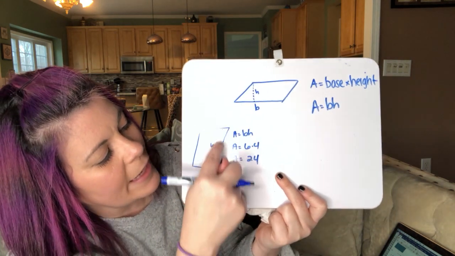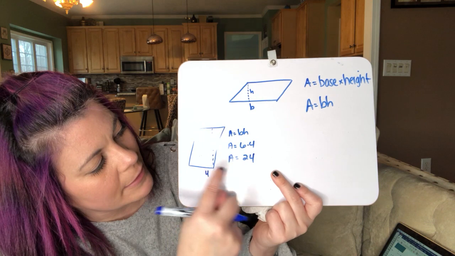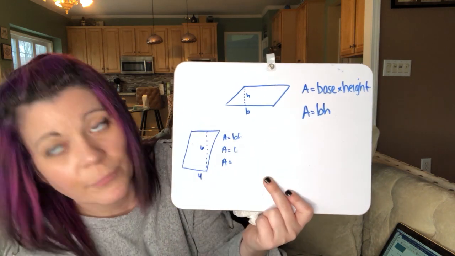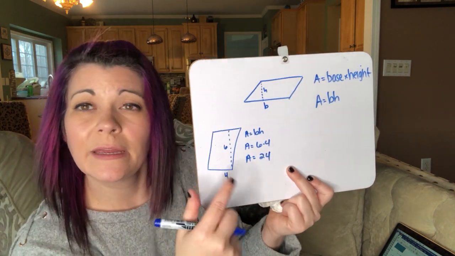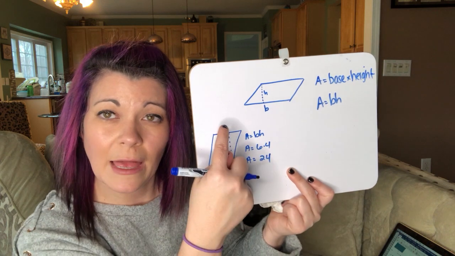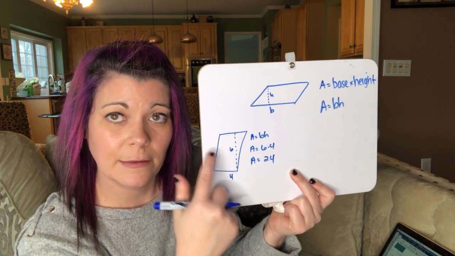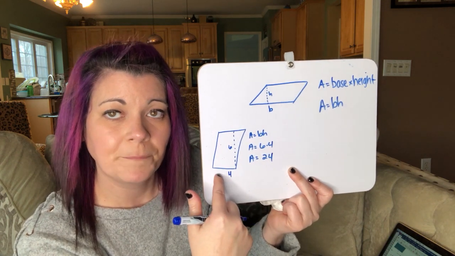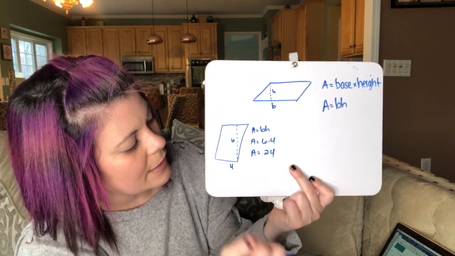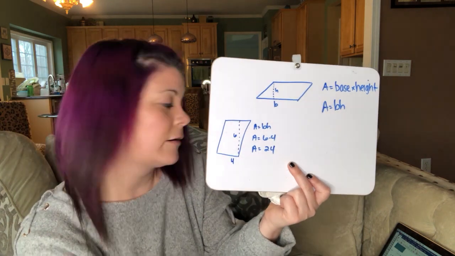Depending on the height will go down to whatever the base is, because if you notice, this was the base before. So it depends on where the height is. The height goes down to the base, okay? So this side is the base, not this side in this case, because the height goes down to this side. Okay, so base times height, so 4 times 6, and the area there is 24.